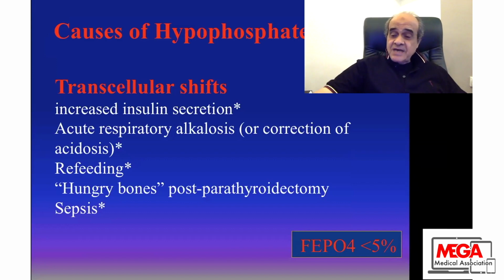So start feeding gradually, always, even with oral feeding, not only in TPN patients. Hungry bone, post-parathyroidectomy, and sepsis all cause hypophosphatemia with fractional excretion of phosphate less than 5%.